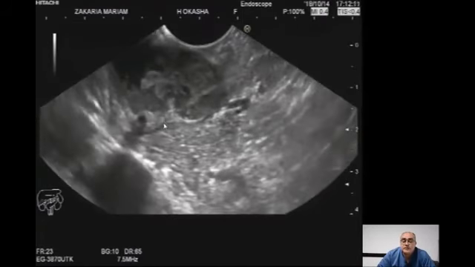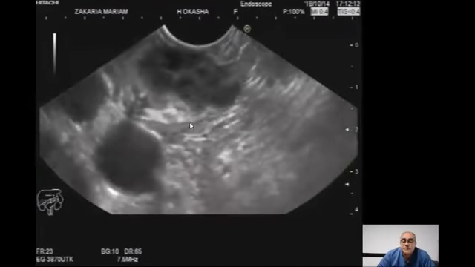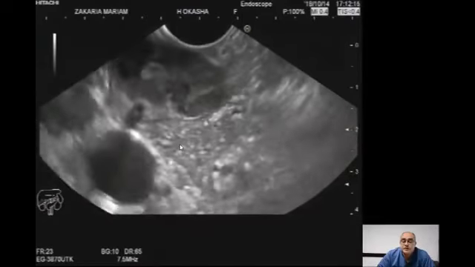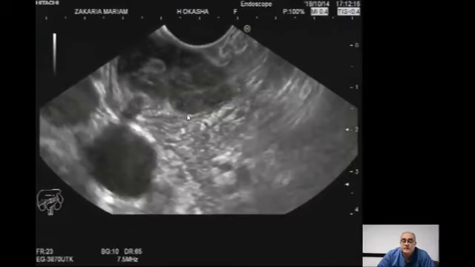This is a large papillary mass, and this is the well respected muscularis propria layer, and this is part of the pancreatic head, and this is the aorta and IVC. So the large papillary mass is respecting the muscularis propria and the pancreatic head.